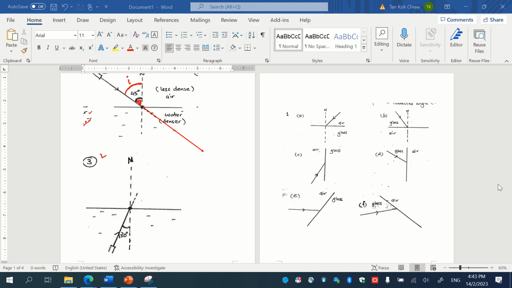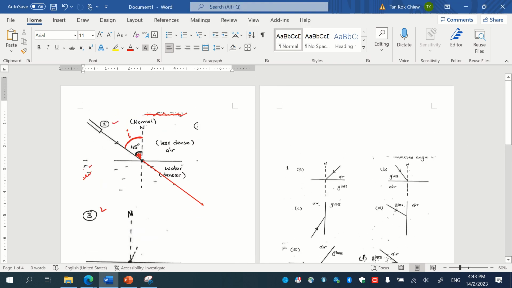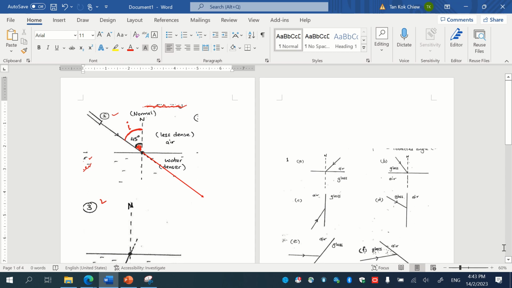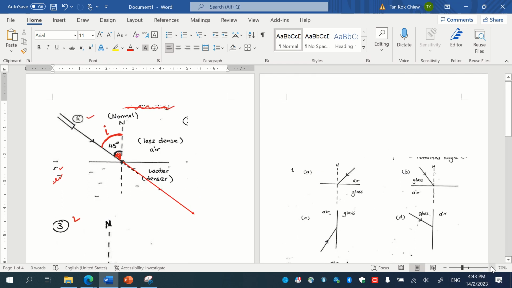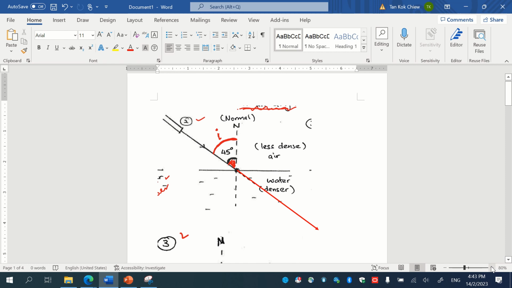If you look at my Word document here, I try to demonstrate using my arrow to show you what it means. You don't draw anything yet. Listen to my explanation first.